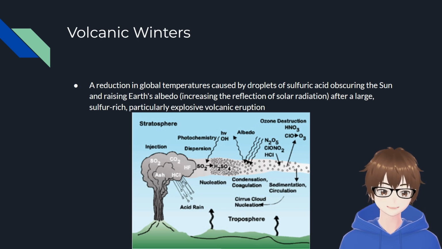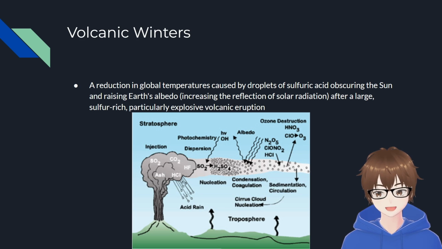But there is this little thing called a volcanic winter. So it is caused by the volcanic eruption, and it's a reduction in global temperature caused by the droplets of sulfuric acid obscuring the sun, raising the Earth's reflection of solar radiation. It reflects more sunlight after a large sulfur-rich explosive volcanic eruption.